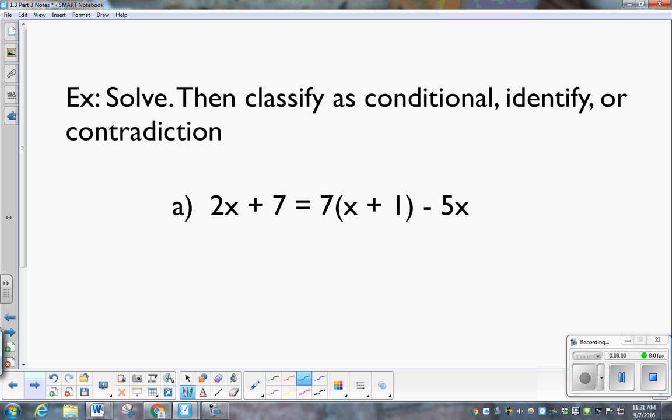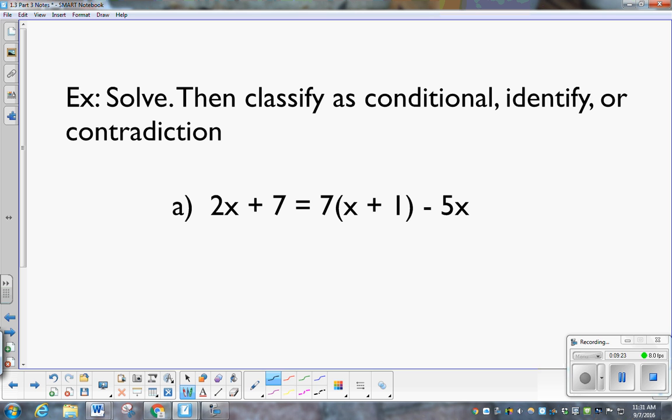So here's our first example. We're going to do 3. It says solve, and then we're going to classify it as conditional, an identity, or a contradiction. So go ahead and write down this problem and we'll solve it. Alright, so as soon as you see parentheses like this, we know the first thing we need to do is distribute.